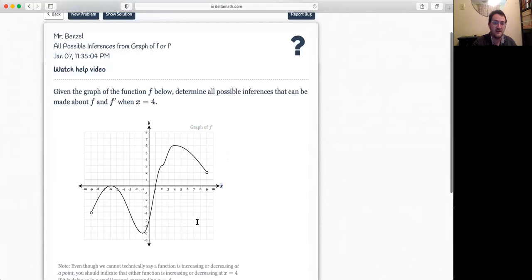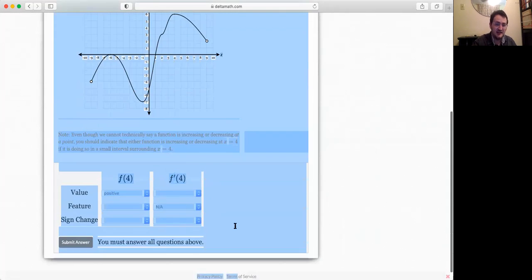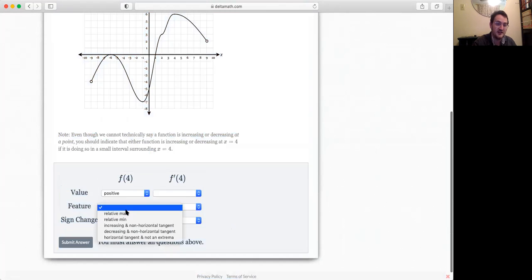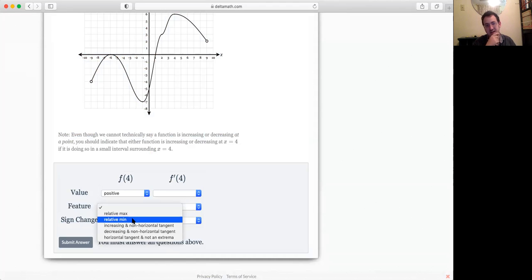In pre-calc, we may say, okay, what's this point called? And you can just go through the drop-down menu, and we got relative max, relative min. It's definitely not increasing. It is at least a relative max.